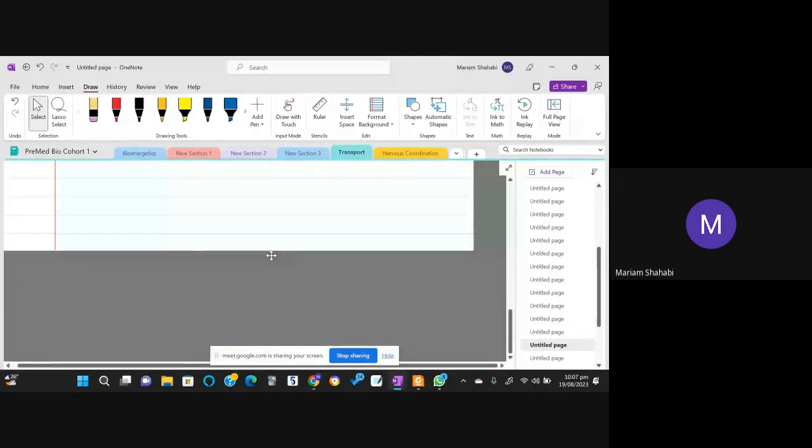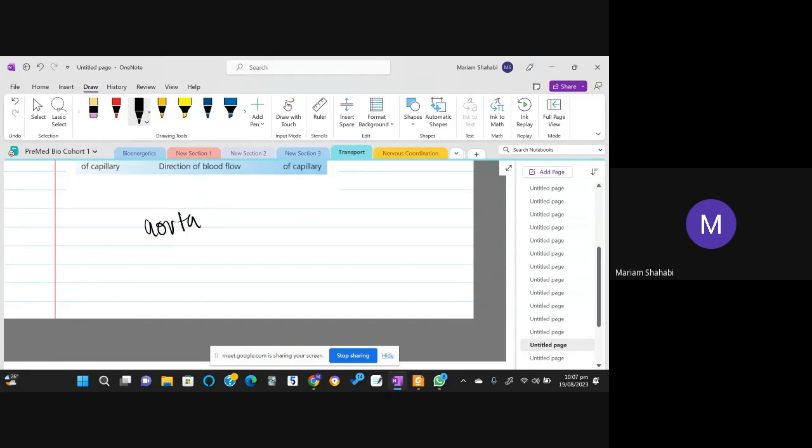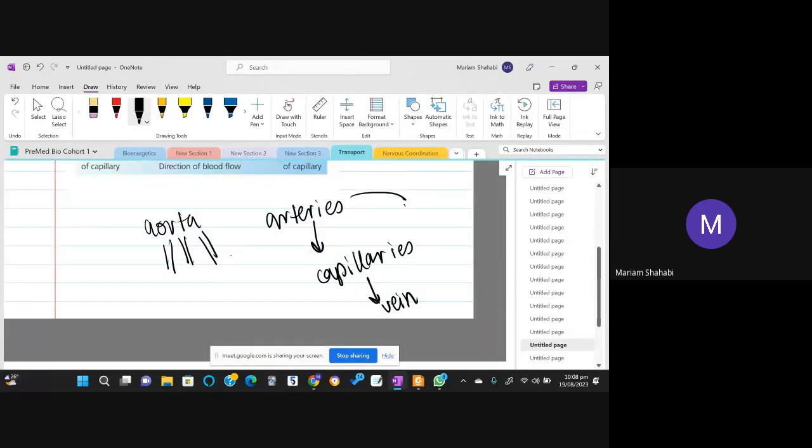So we know that the aorta is like one vessel, the vessel that carries all the blood from the heart. But obviously the aorta will have branches going to different organs, sending different arteries. Okay. Now arteries will become capillaries, and then the capillaries will join to form a vein, and then you have the heart.